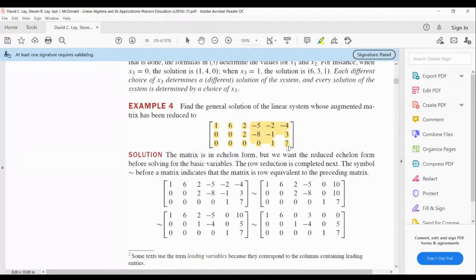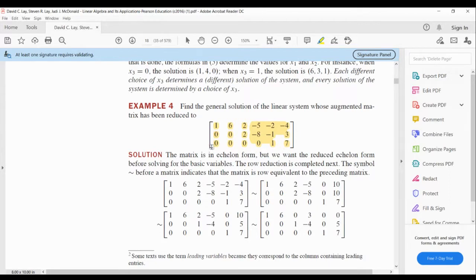Here it is, example 4. One moment, class. I believe this was the example we did in our last class. Let me just check. Yes, example 4 we did at the end of our last class.